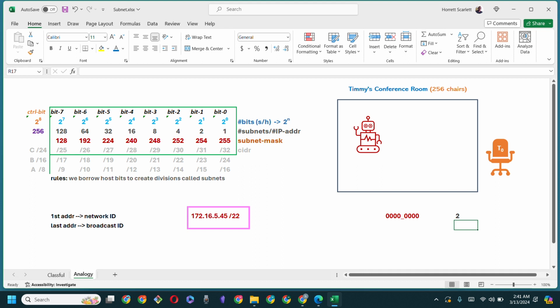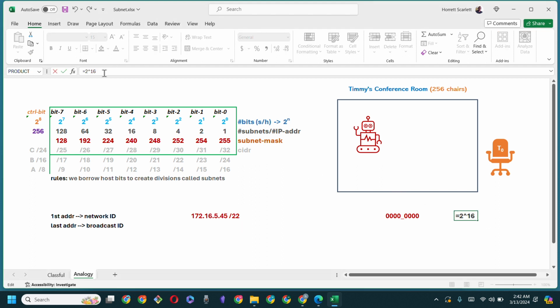In order to begin our exploration, let's look at the fact that a Class B IP address has 16 bits allocated to the network portion, which means 2 to the 16 gives us the total number of patterns. So we have a little bit over 65,000 networks that we can create using a Class B address.